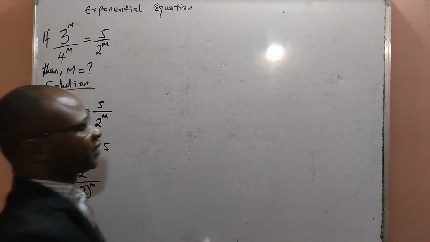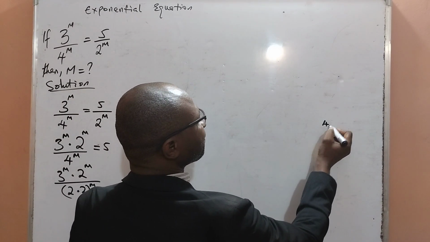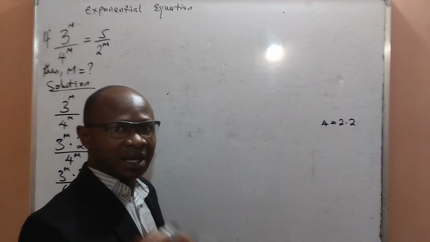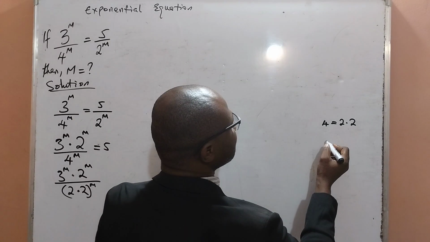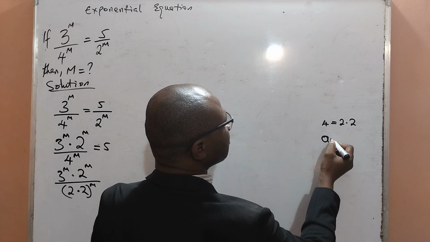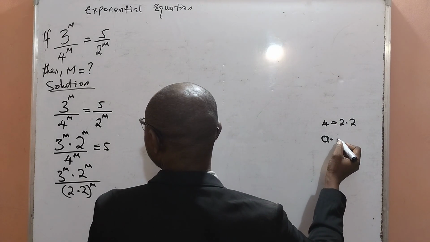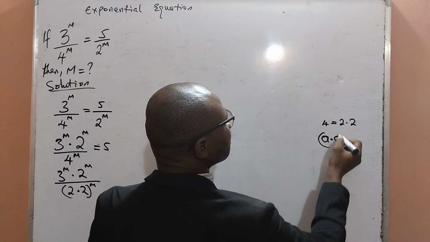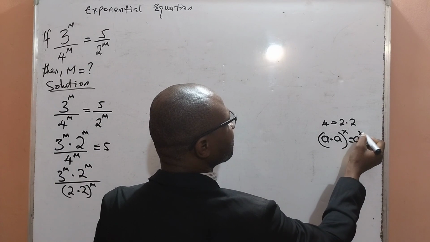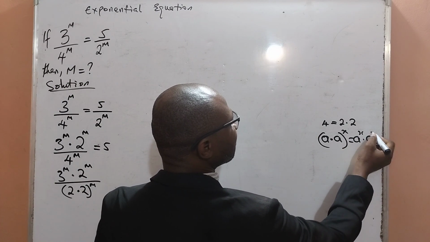By law of indices, I want you to see first that 4 is the same as 2 multiplied by 2. Now, indices law says that if I have a multiplied by a, all raised to the power x, it is equal to a raised to the power x multiplied by a raised to the power x.